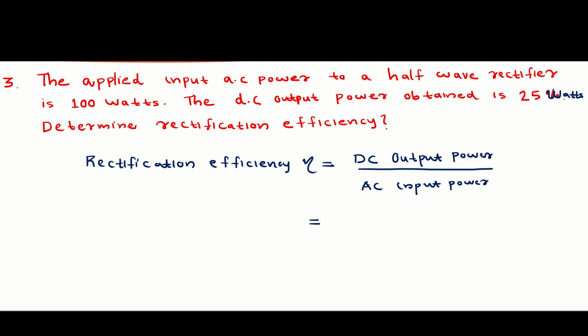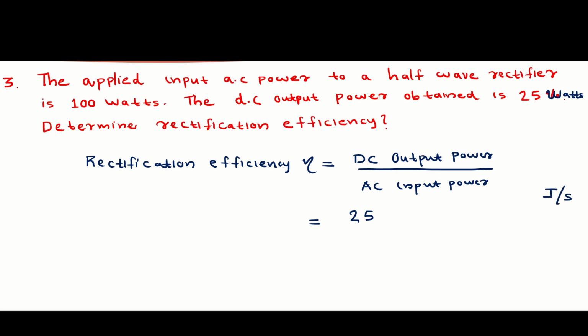In the question it is stated that the DC output power obtained is 25 watts. The unit of power is watts and the unit of energy is joules. Power has one more unit, joule per second. So watt is the unit of power and also joules per second.